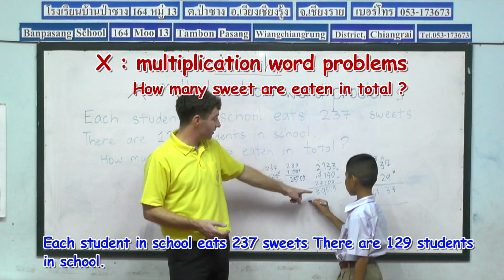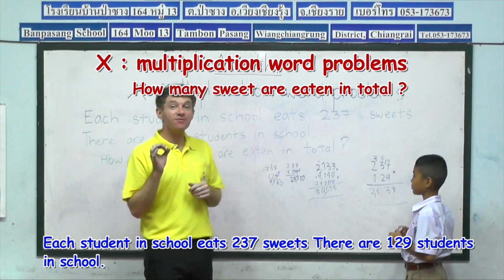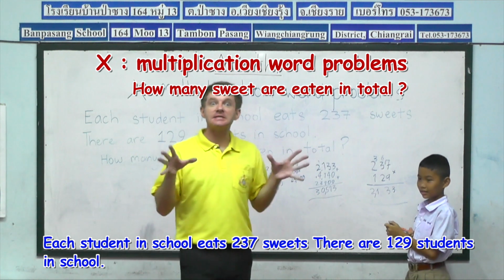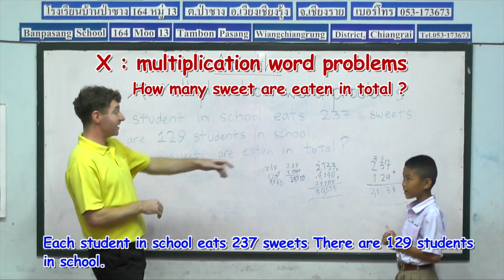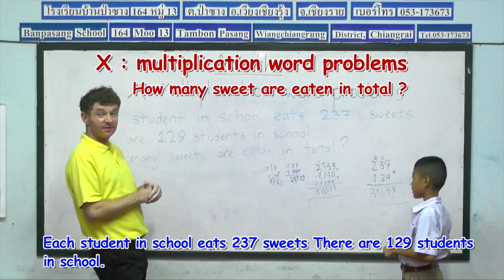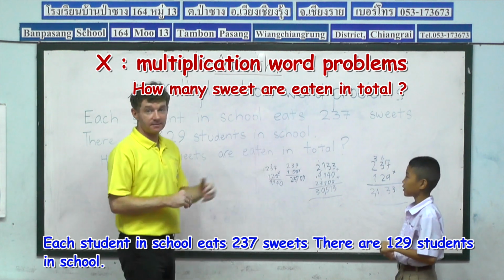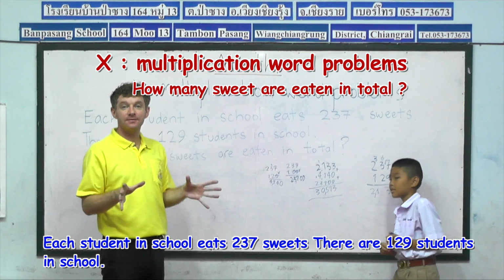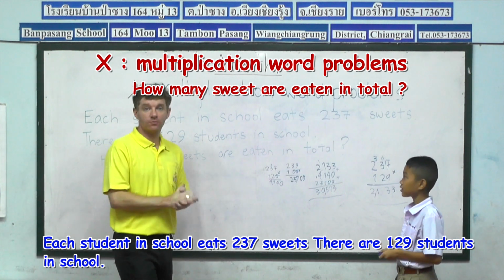Our answer, 30,573. So we can say 30,573 sweets are eaten by the students in total.